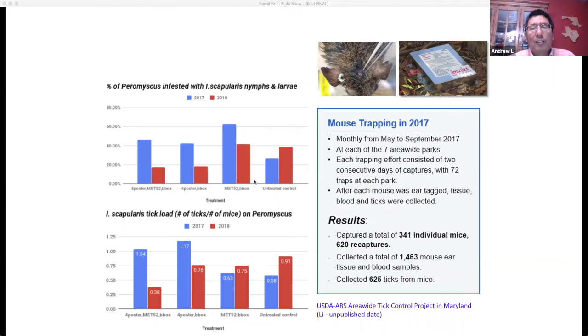You can see it increased in the untreated site, but in all the treated locations, we see a significant decrease. Same with the tick load, the number of ticks we can find on mice. In 2 out of the 3 treatment types, we found a decrease. This is incomplete data, but it's a good indication the treatment we do might be working. Next slide, please.